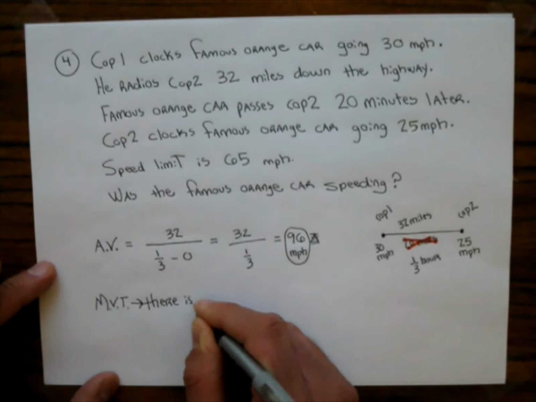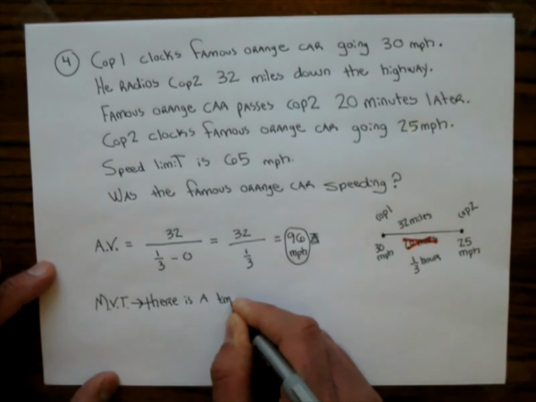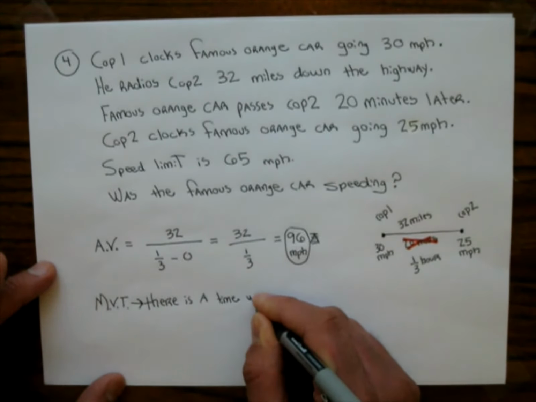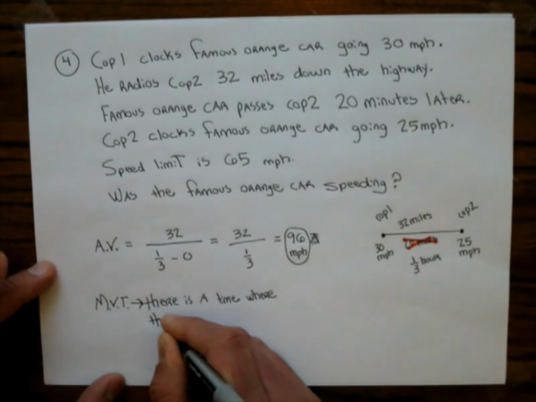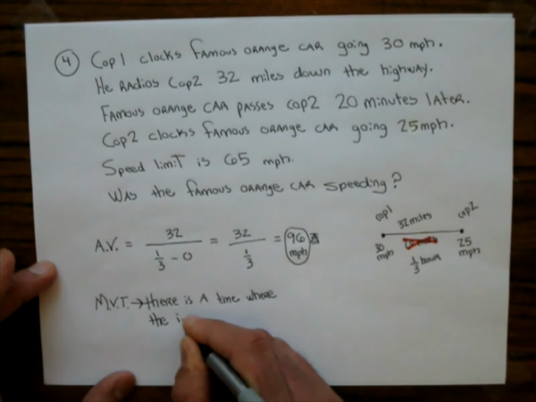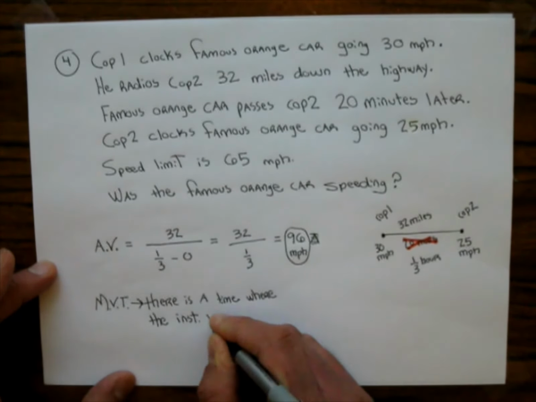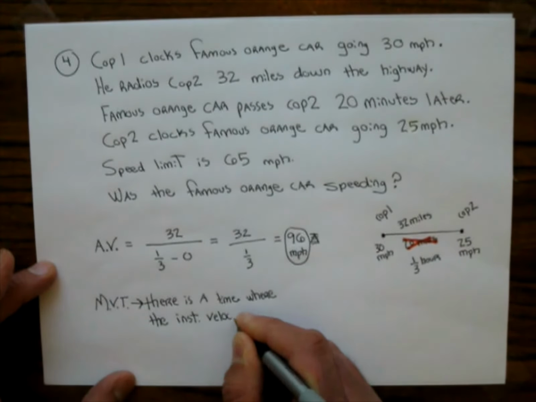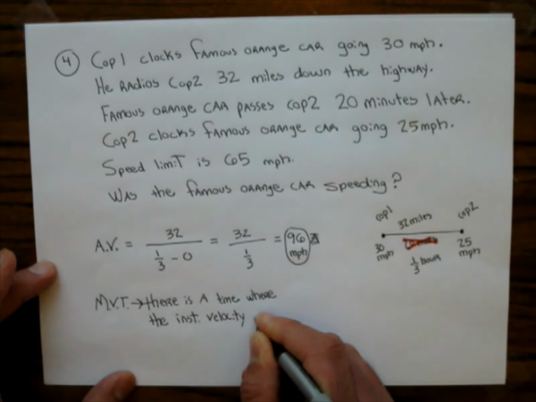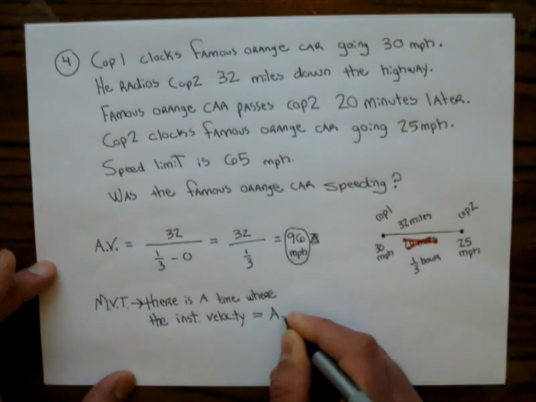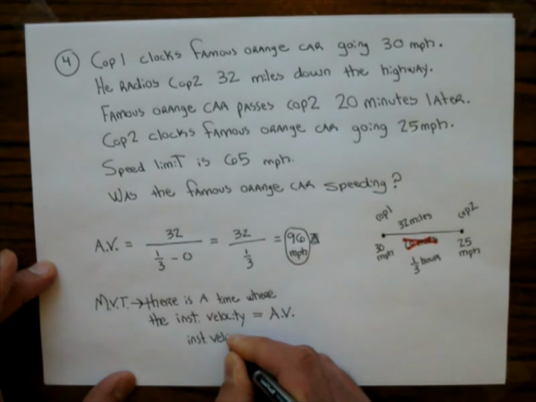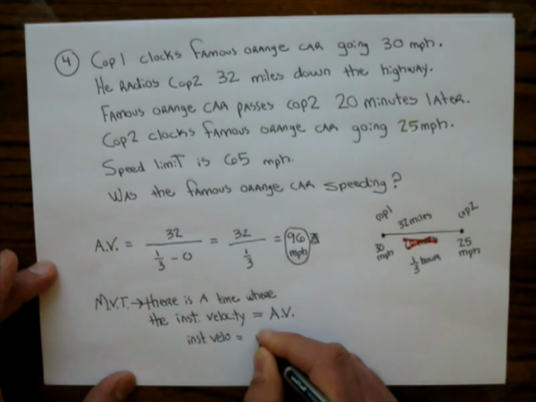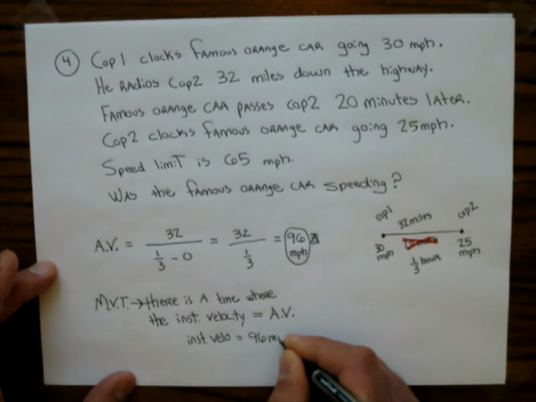there is a time where the instantaneous velocity equals the average velocity, which means the instantaneous velocity was 96 miles per hour.